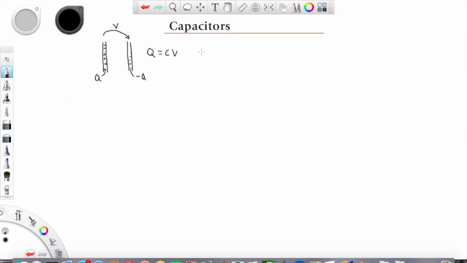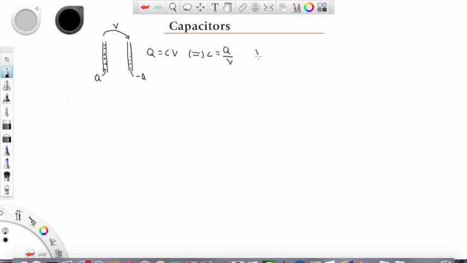If we want to calculate the capacitance of a capacitor, we can do it in the following way. The capacitance will be C = Q over V. If we know the amount of charge that we have put here, it's left to determine the voltage difference between the two plates.